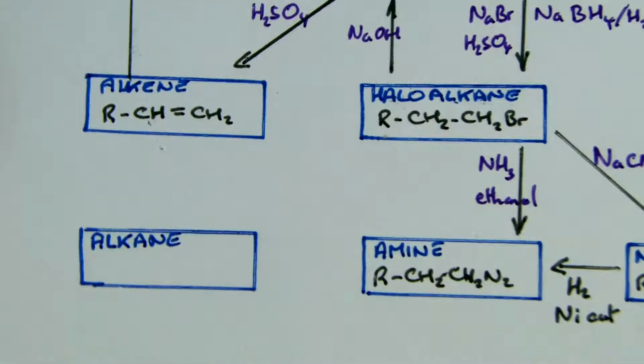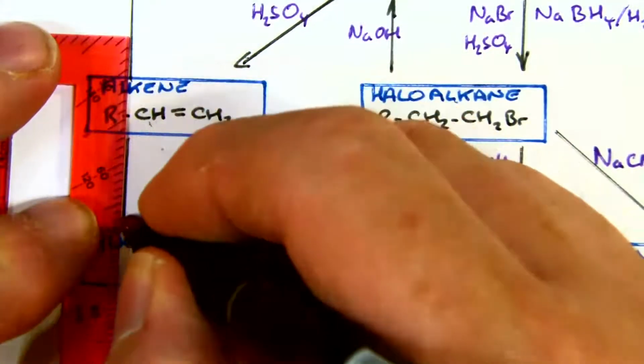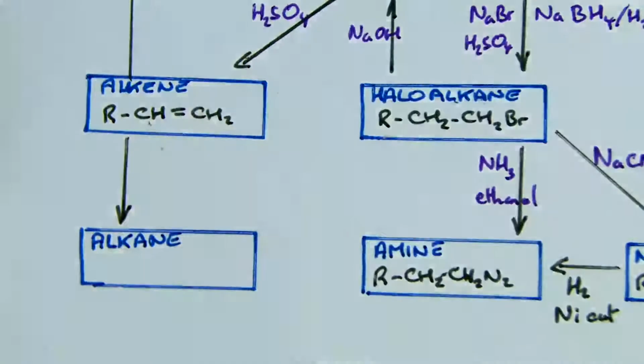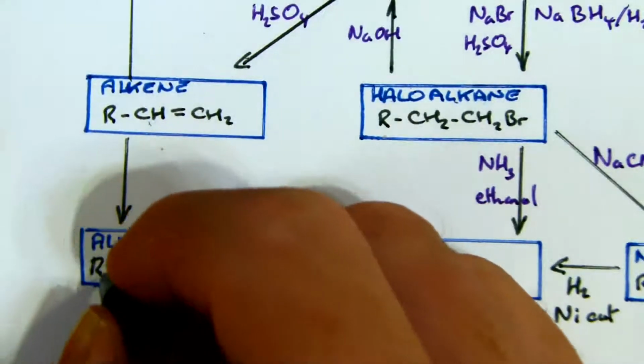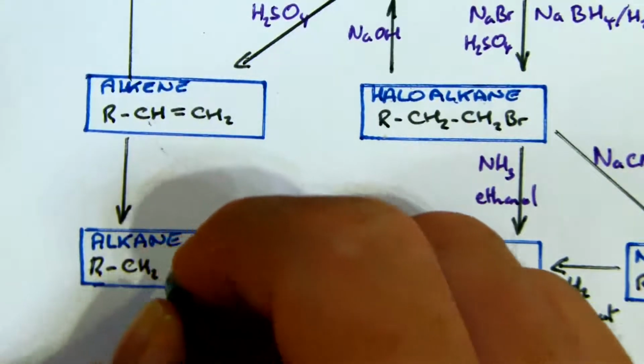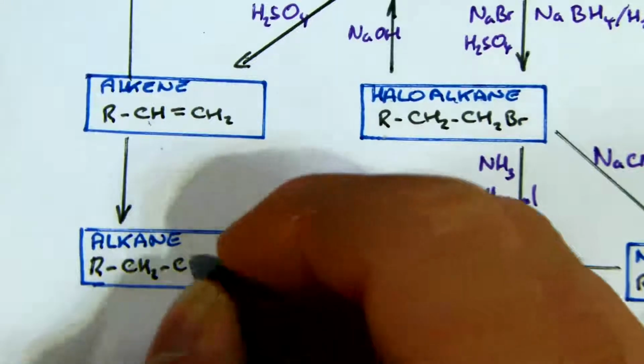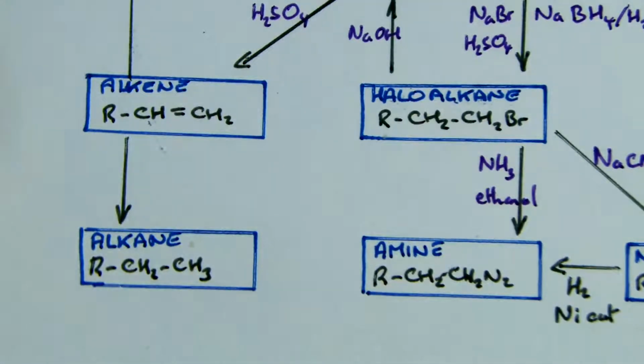Okay, so we can make this into an alkane. Alkanes are really fairly useless sort of chemicals. We can't really do an awful lot with alkanes apart from basically burning them.